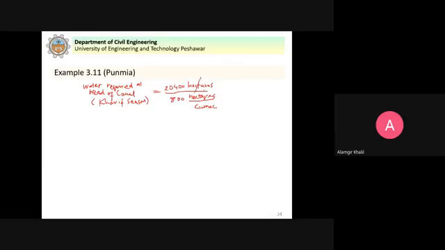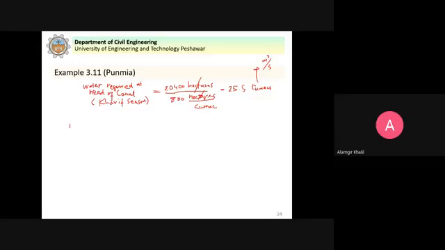So now you can see the hectare cancels out, the cubic will go up. So we will get 25.5 cubics. This cubics is actually cubic meter per second.